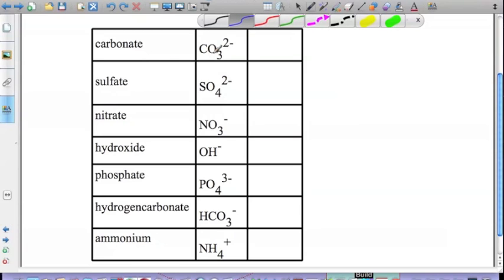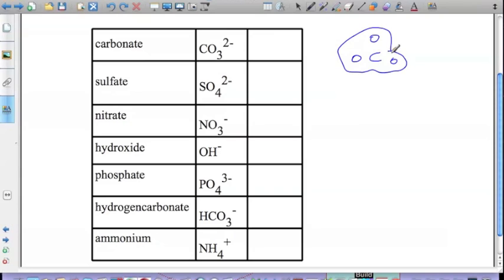So carbonate here has got 1 carbon and 3 oxygens, all joined together by a process of bonding that you'll find out about later. And the 3 of them all together form this 2 minus charge.